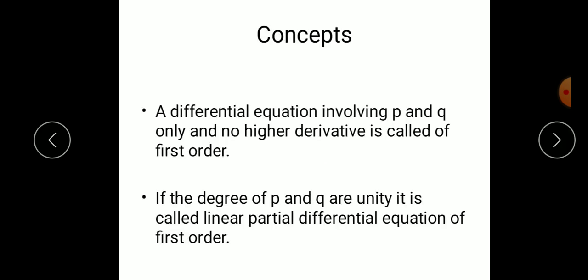So students, we know that the differential equation which contains one or more partial derivatives is called a partial differential equation. So partial differential equations occur only when there are at least two independent variables.